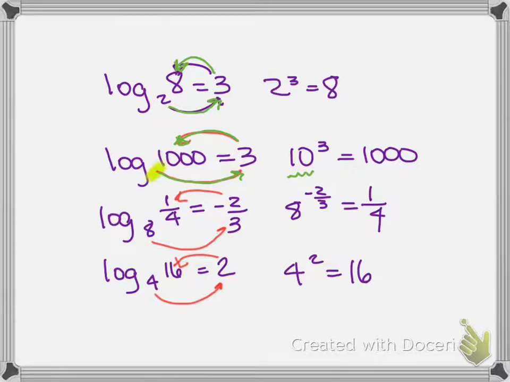The log base 8 of 1/4 is equal to negative 2/3. So we know that 8 to the negative 2/3 is equal to 1/4. We can check ourselves by saying what is the cube root of 8? That would be 2. And what is 2 to the negative 2? 1/4.